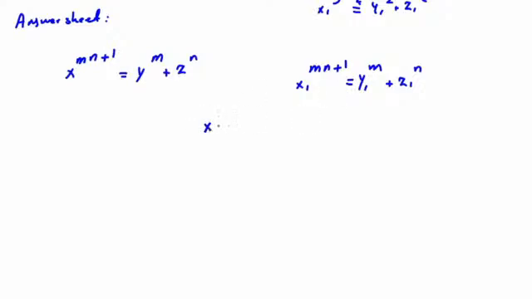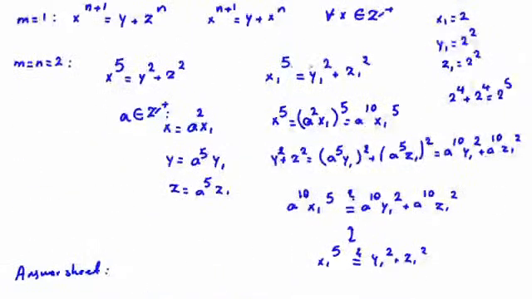Now, I consider x equal to a to the power of something times x1, y equal to a to the power of something times y1, z equal to a to the power of something times z1, such that the powers work out. For the previous example, I saw that 5 times 2 is 10.